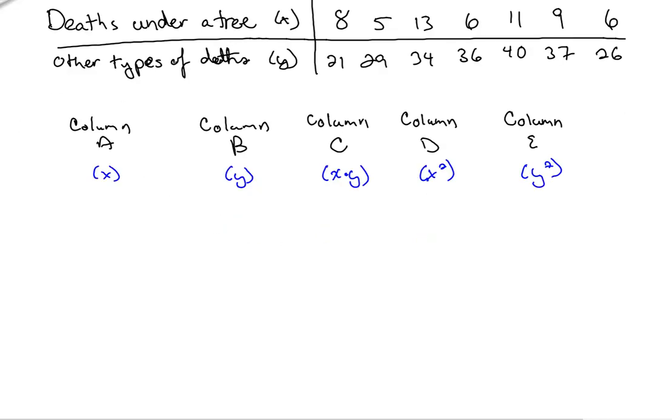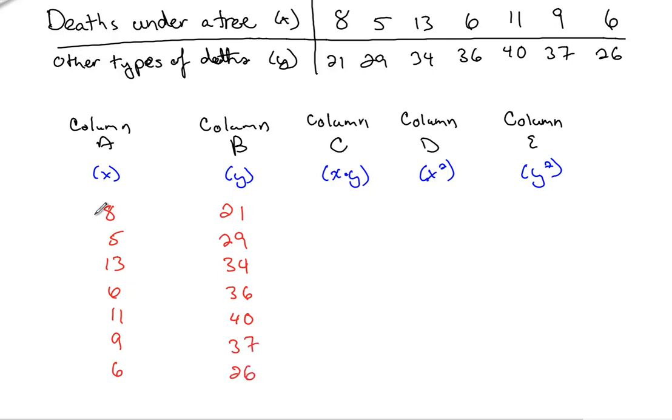And so when we go through here and put in our values, I'm going to go ahead and put in the X and Y first. Make sure that you're still lining them up with their pairs.